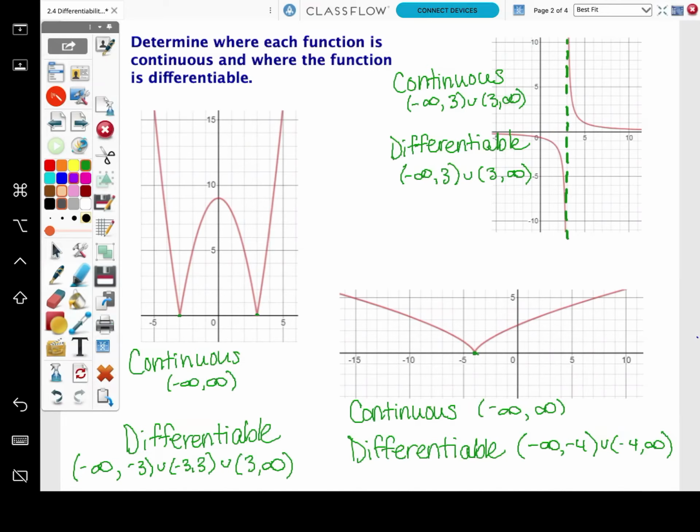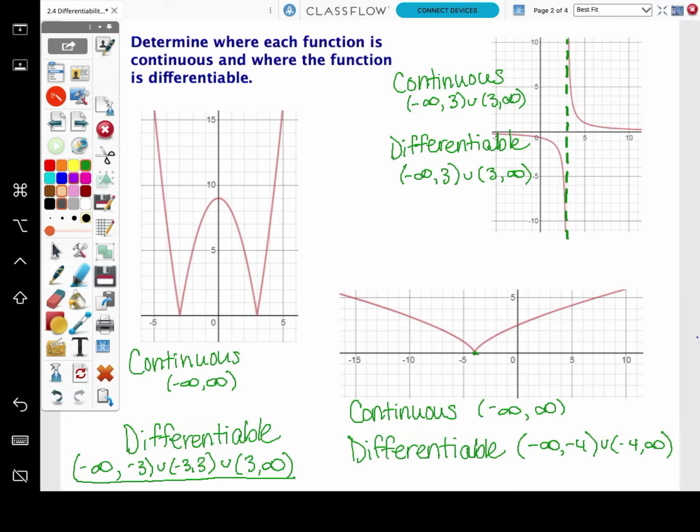But it is not differentiable at these very sharp turns. Our tangent lines could be vertical there, and that's a big no-no for differentiability. So we would say that it is differentiable everywhere except the points of negative 3 and 3. So in interval notation, we have to write negative infinity to negative 3, and then that's the union, and negative 3 to 3, and 3 to infinity. So we just have to exclude those x values of negative 3 and 3.